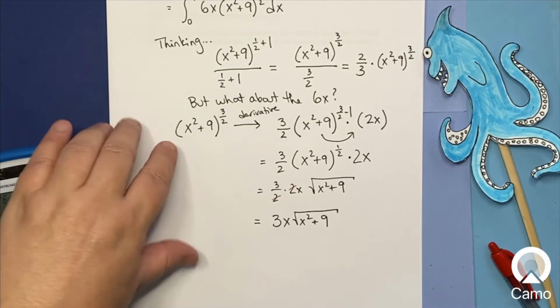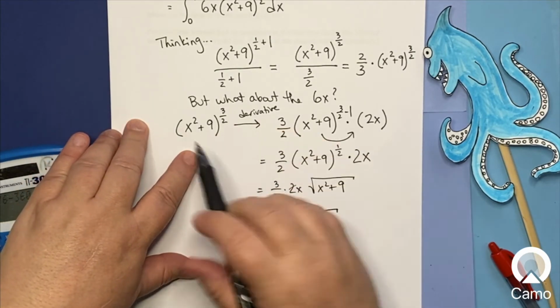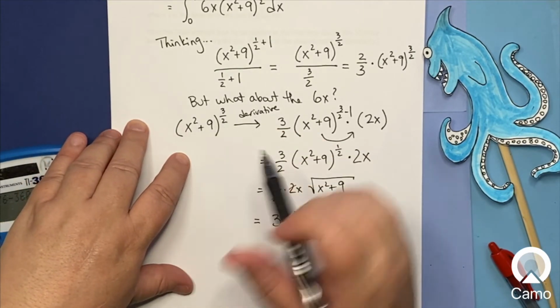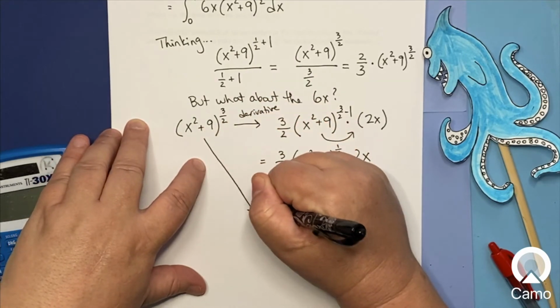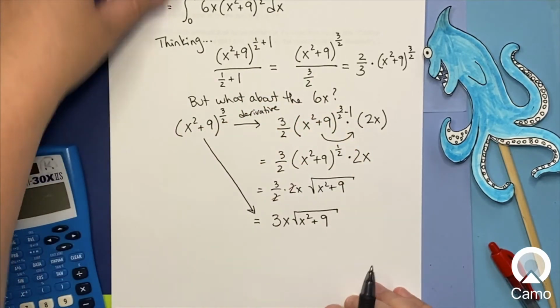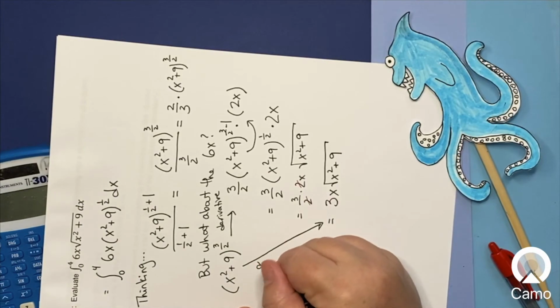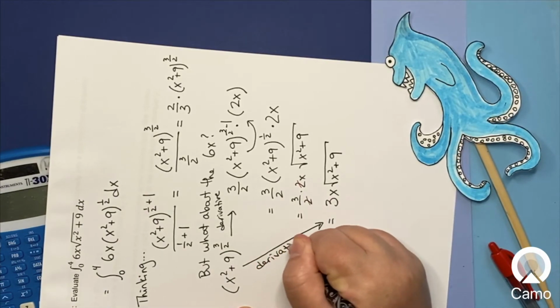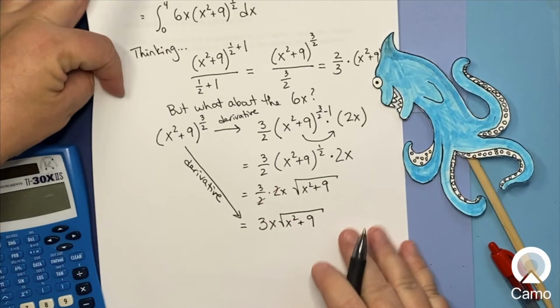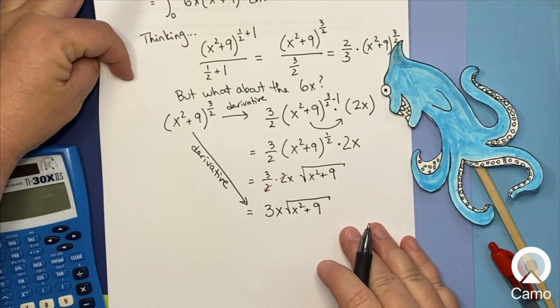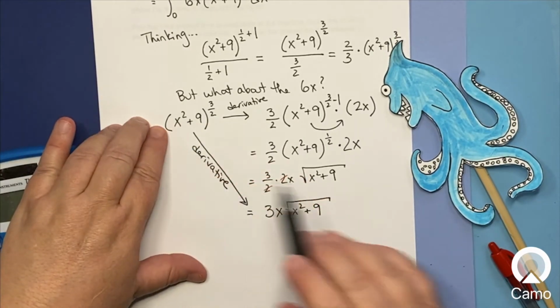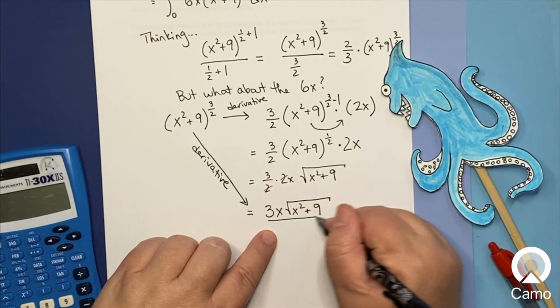So the derivative of x squared plus 9 to the 3/2 is this. If we take the derivative of this, we end up with this.